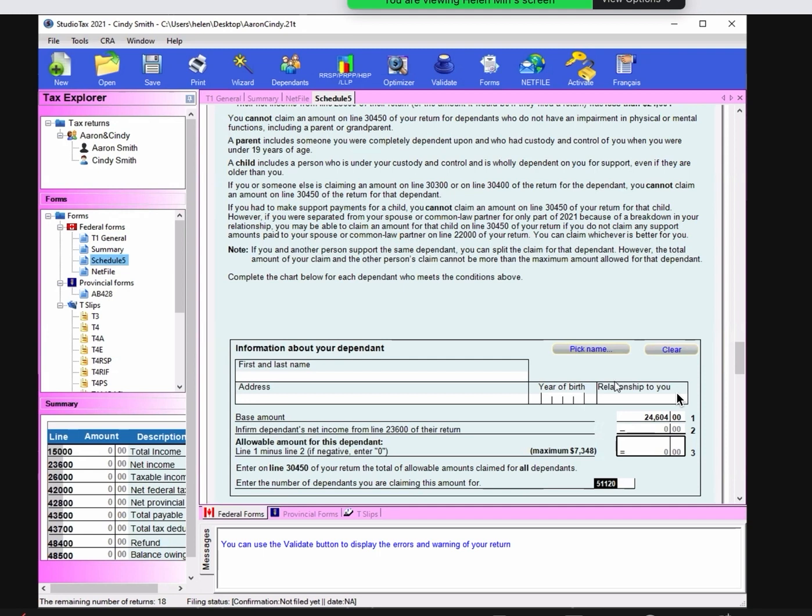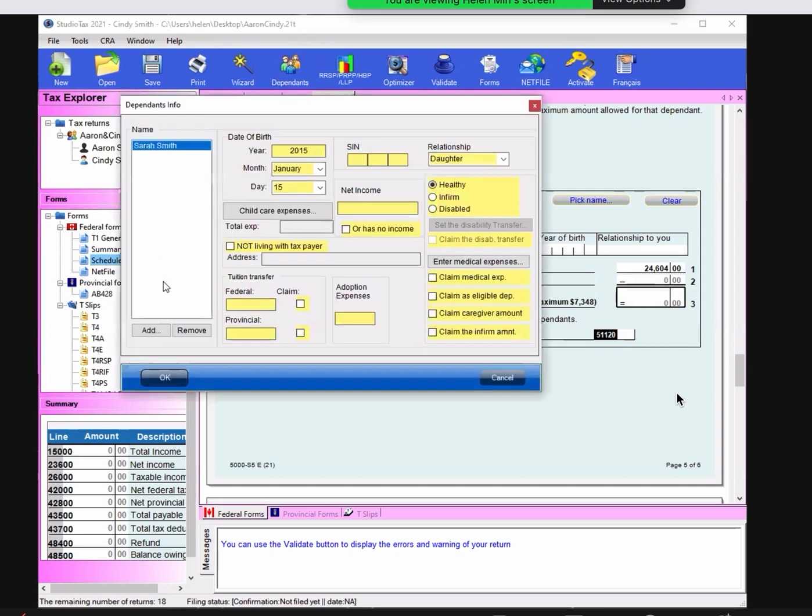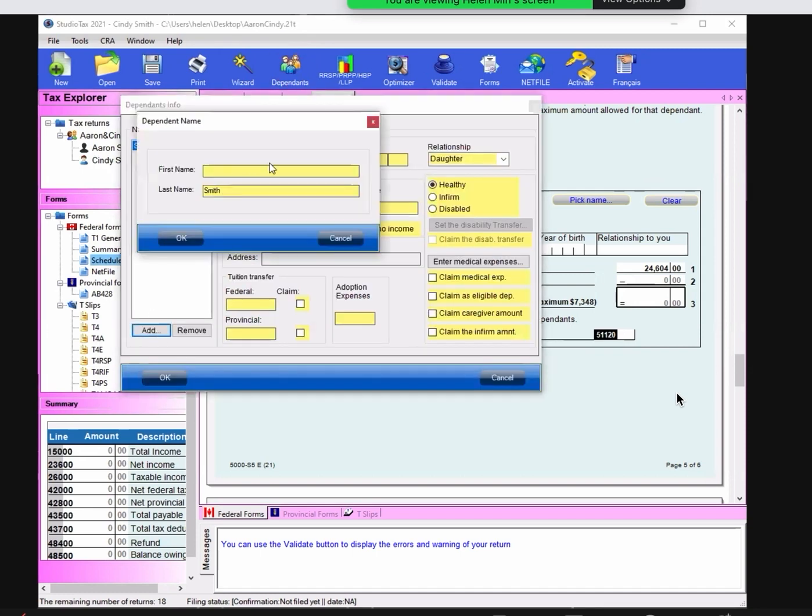So how you claim this amount: when you put the dependent in, you pick the name. For example, you put Tom, Tom Smith.